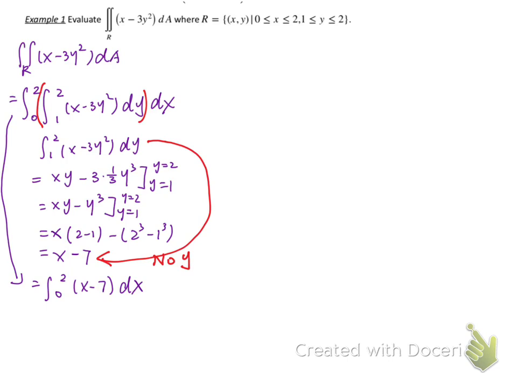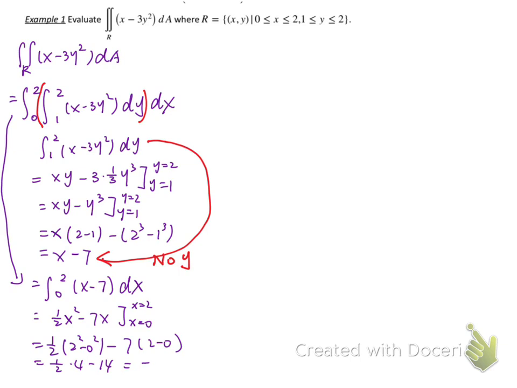So now you only have one variable, which is x, and this gives me 1/2 x squared minus 7x, where x goes from 0 to 2. So I'm having 1/2 times (2 squared minus 0 squared) minus 7 times (2 minus 0), and this gives me 1/2 times 4 minus 14. So this will be 2 minus 14, negative 12.